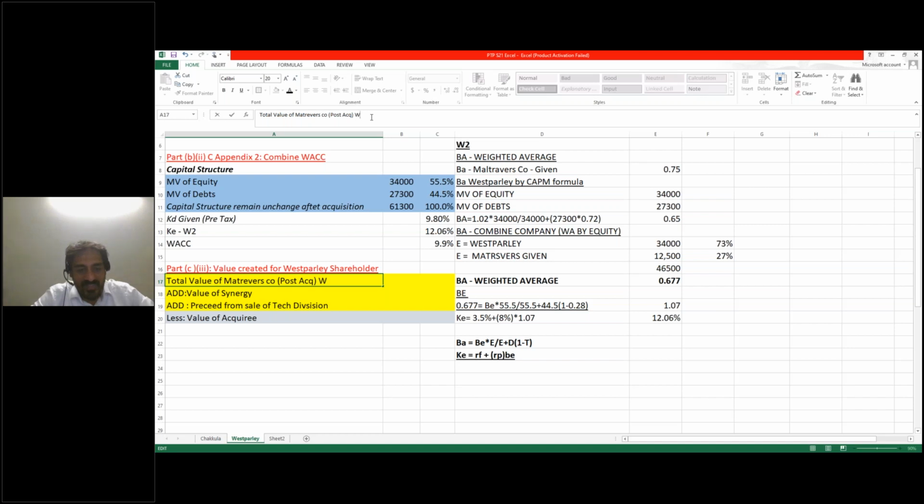Do we have available the complete value of Met-Travers? No. Do we have available right now the value of synergy? No. Do we know how much we can get as proceeds from sale of the tech division? Answer me.